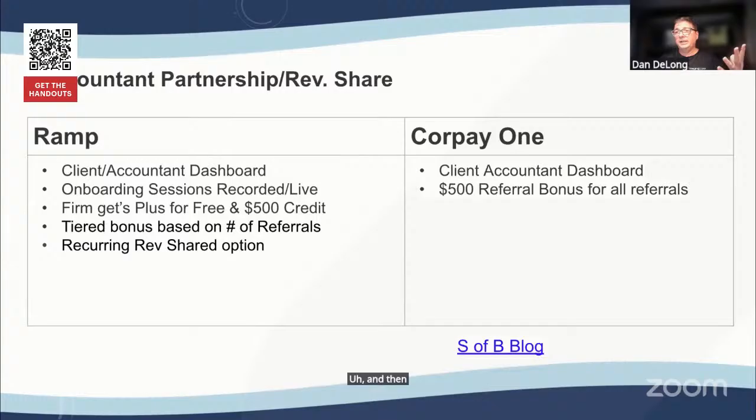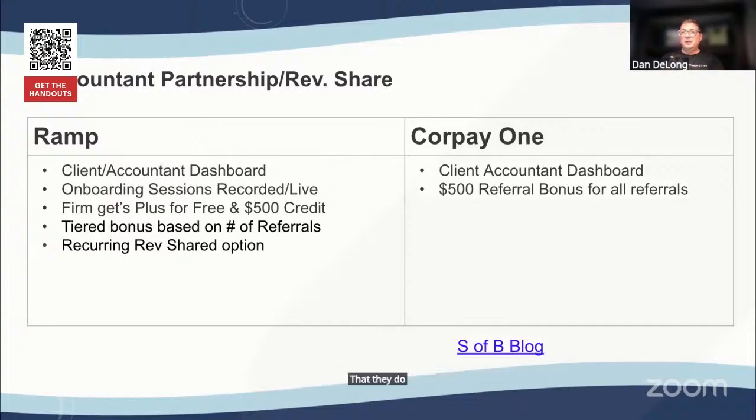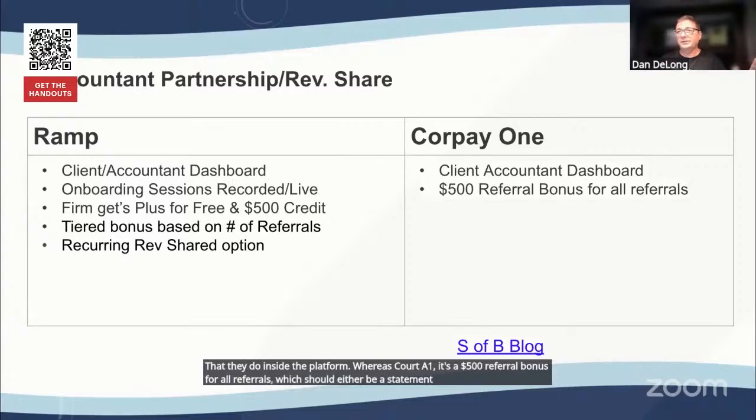There's also an alternative recurring revenue share option, based off of the bill pay spend and the card spend. There's some secret sauce figuring out whatever that works on, and then you get monthly recurring revenue based off of the account spending they do inside the platform. Whereas Corpay One is a $500 referral bonus for all referrals, which should either be a statement credit or a gift.